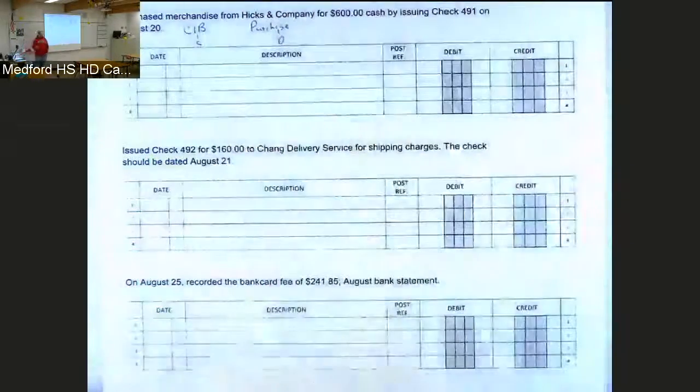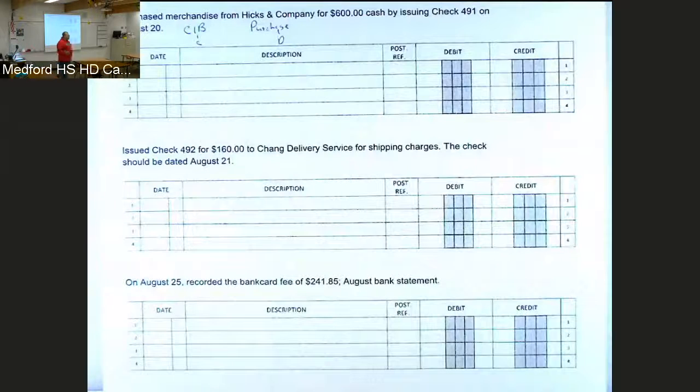Prove to me that purchases is going to show an increase as a debit. There should be two reasons. What's the first reason? What's the quote unquote scientific reason for the purchases account being debited to show an increase? What's the scientific proof?